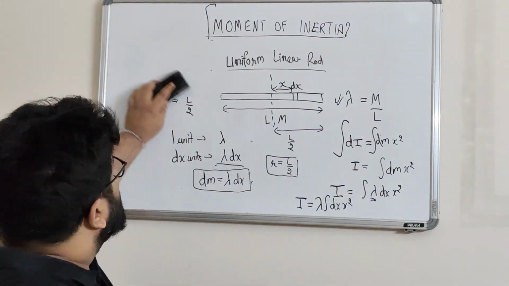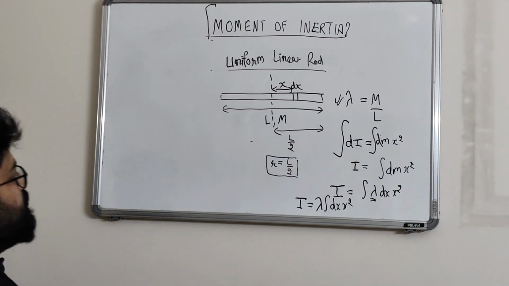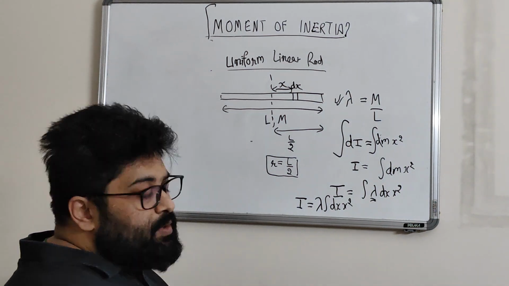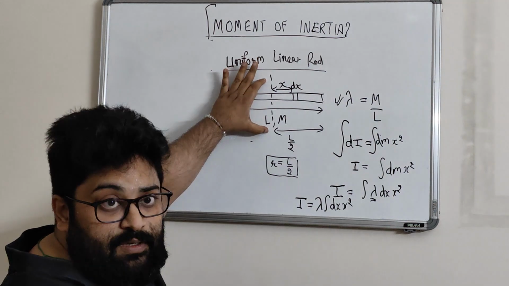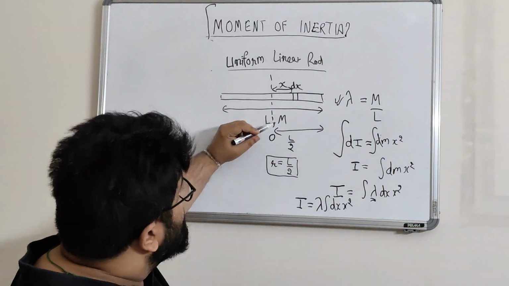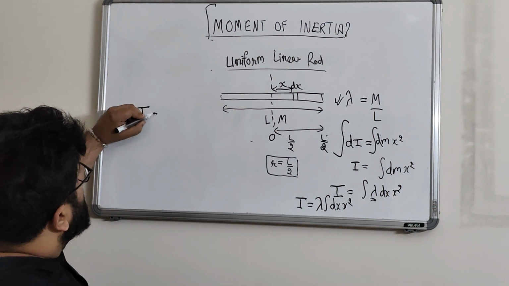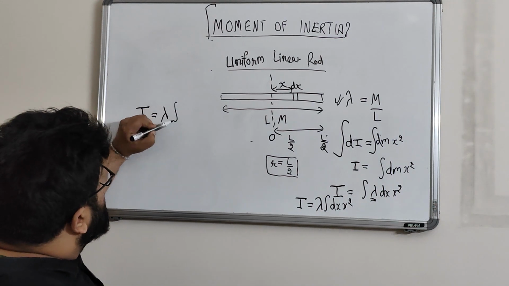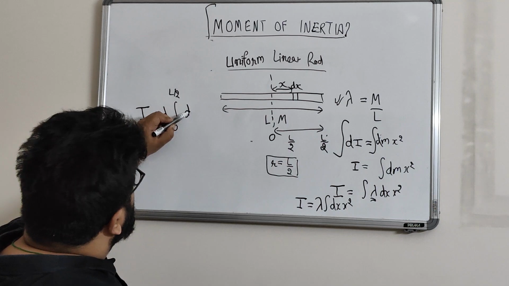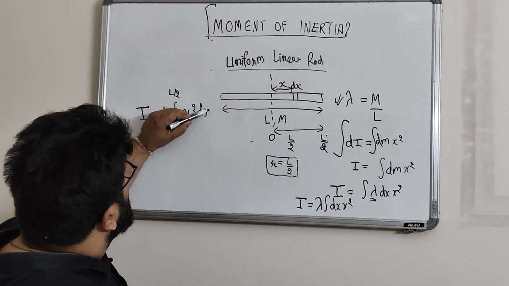Imagine this is the origin, so this becomes 0 on the x-axis, and this end becomes L by 2. So we get the limits for this integration, 0 to L by 2, of x square dx.